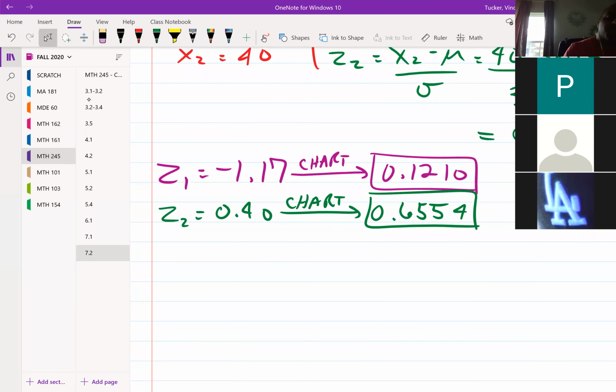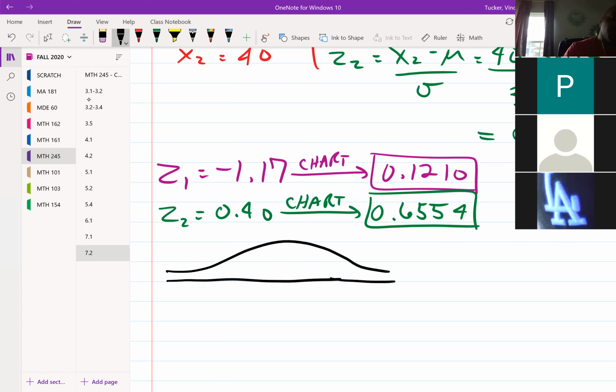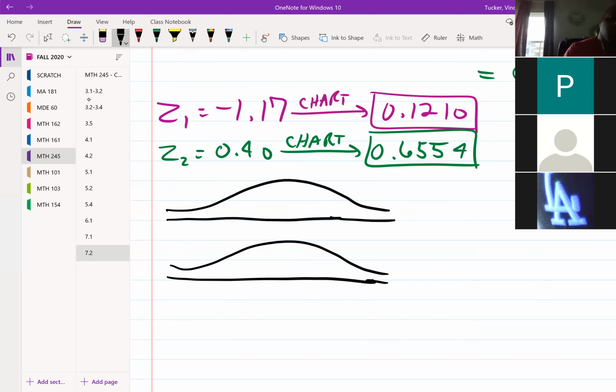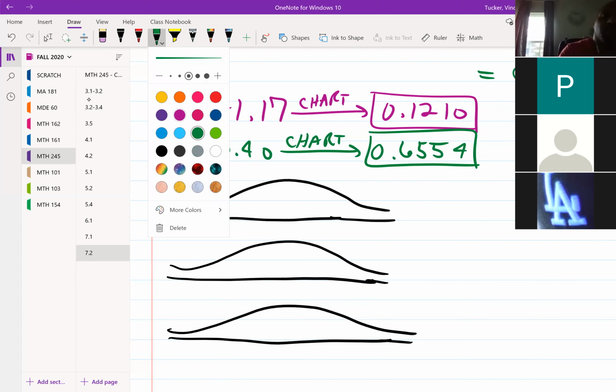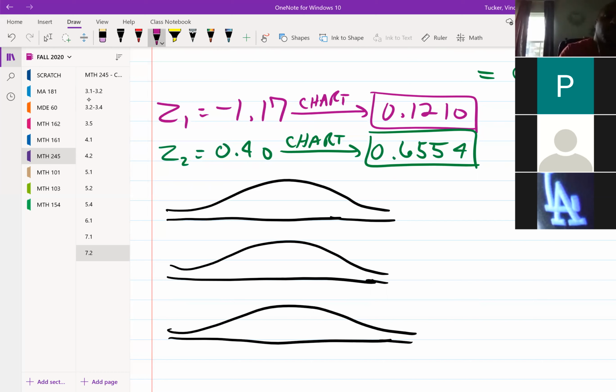All right. Just want to show you this before we do what we do. So Z1, remember that represents what's to the left.